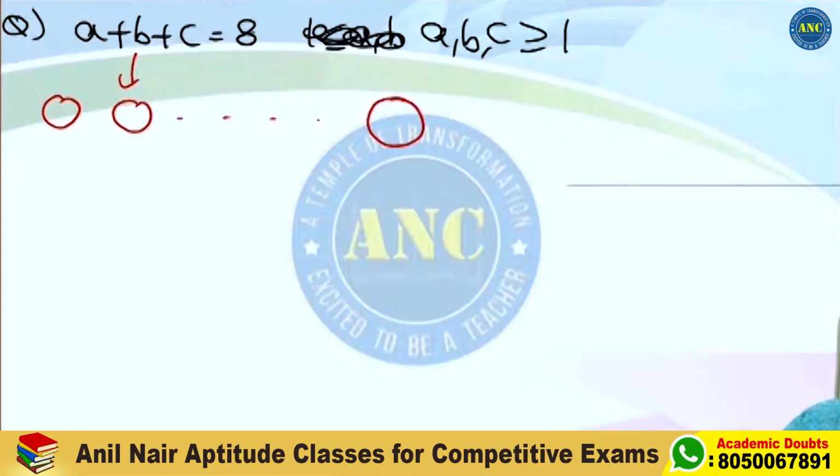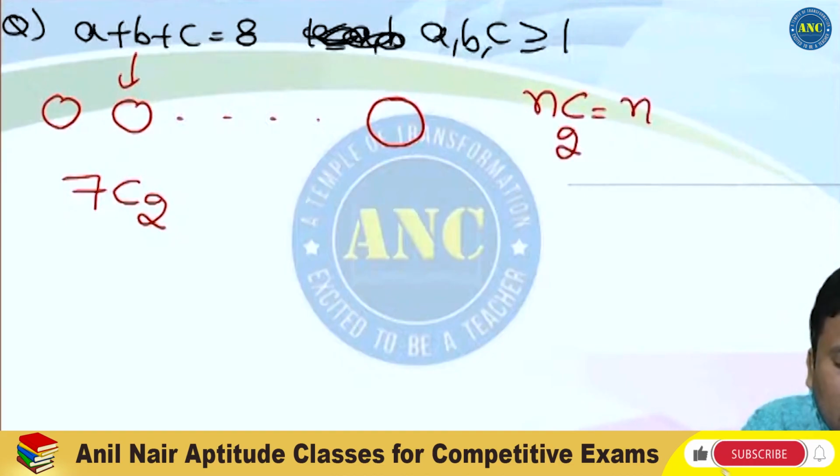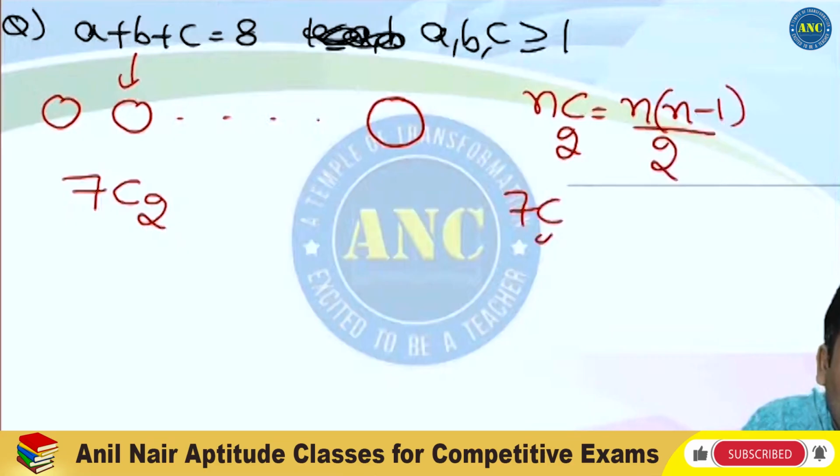There are 8 balls, there are 7 gaps. If there are 2 variables, I require 1 cut. If there are 3 variables, I require 2 cuts. So it is nothing but 7C2. NC2 is nothing but n into n minus 1 by 2. 7C2 is nothing but 7 into 6 by 2.